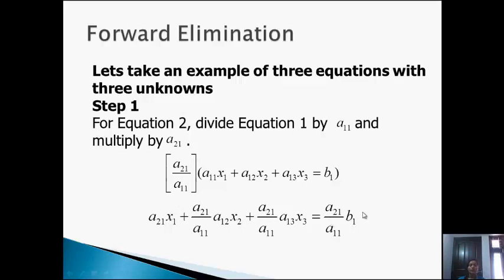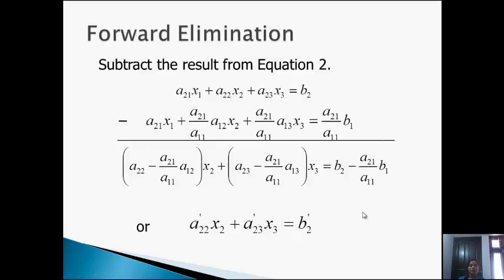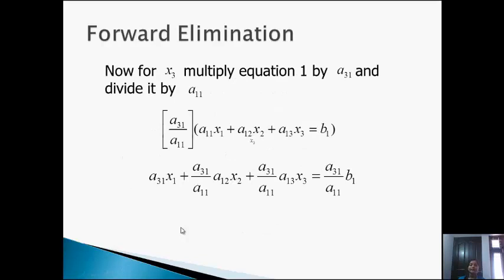Now after that we subtract this from our second equation, and we'll find a22' x2 plus a23' x3 equals b2'. We can see that our first term is eliminated. Now for x3, multiply equation 1 by a31 and divide it by a11.